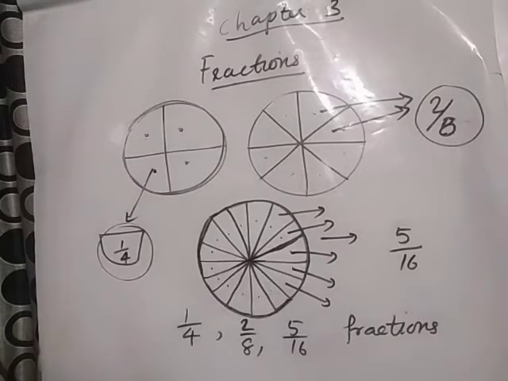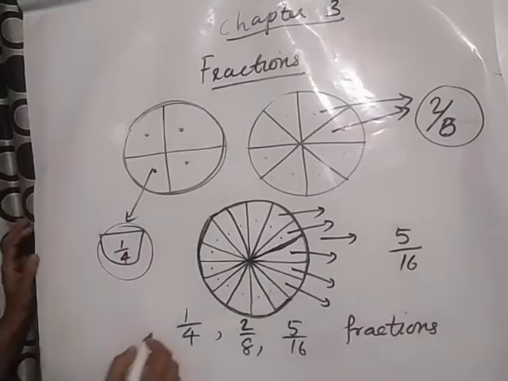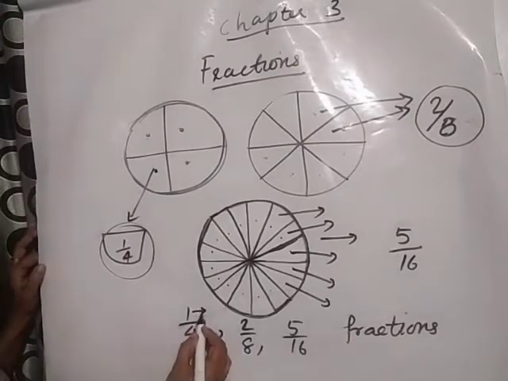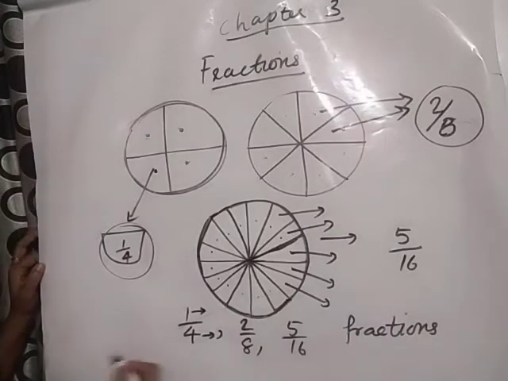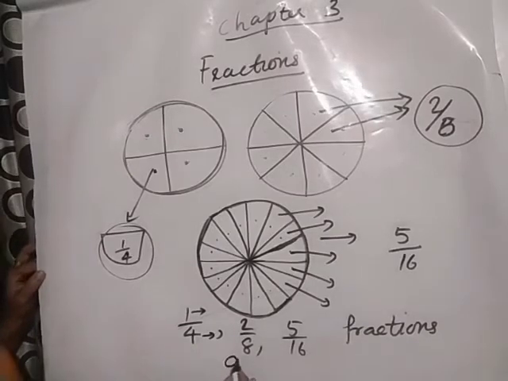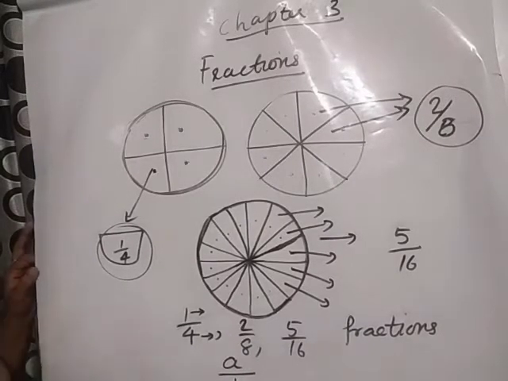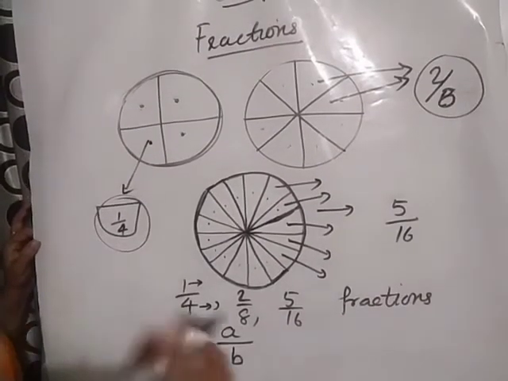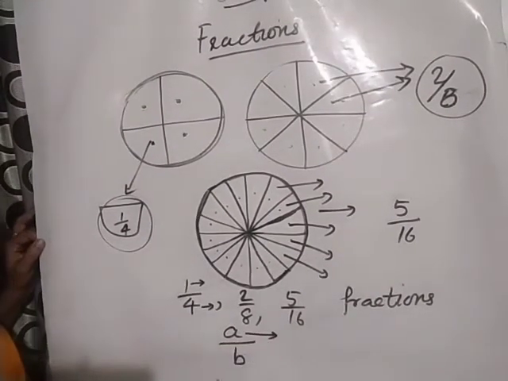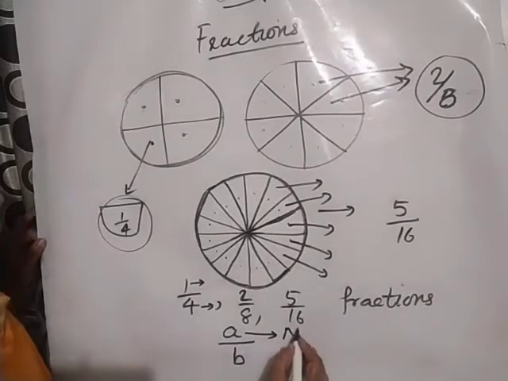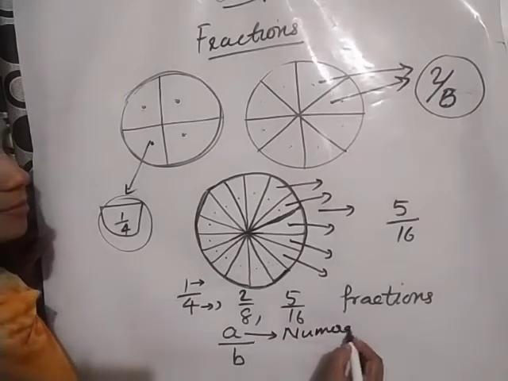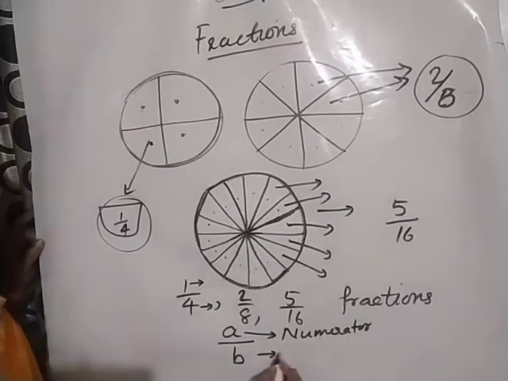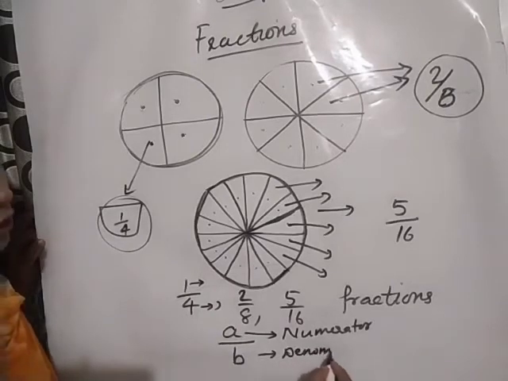So let us discuss the first one. We can see here there is a numerator and a denominator. In general you can express this as A by B, and A is called the numerator and B is the denominator.